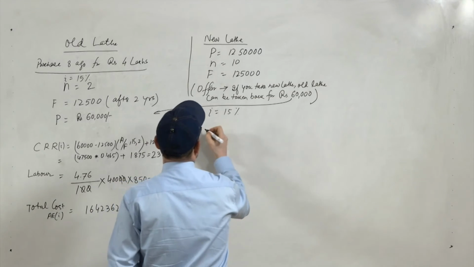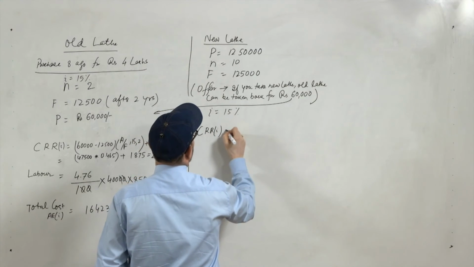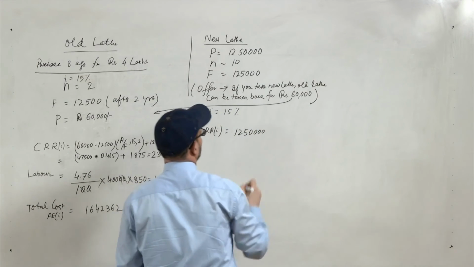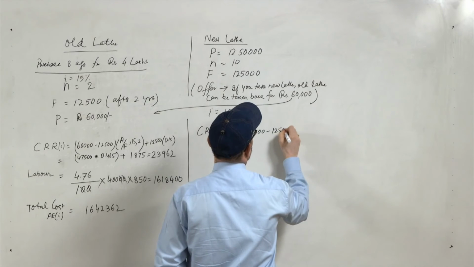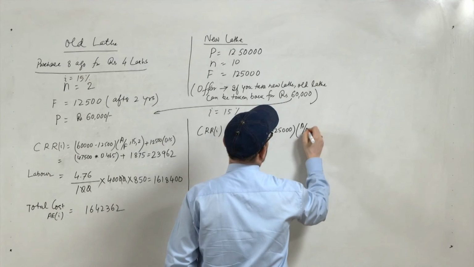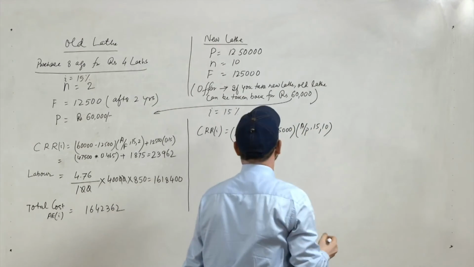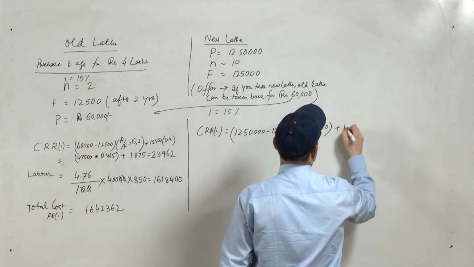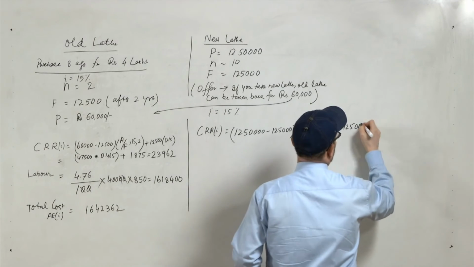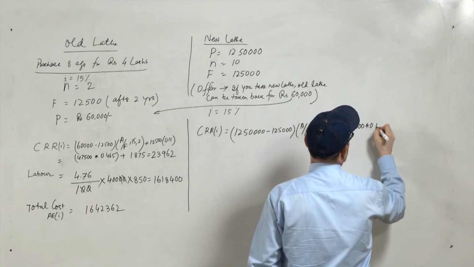Now, let us see for the challenger, the capital recovery part will be 12,50,000 minus 1,25,000 multiplied by A by P 15, 10, plus 1,25,000, its salvage value, multiplied by the interest rate.